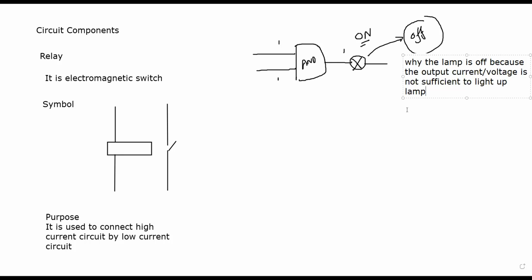So in that case, what we can do is connect a relay here. How can we use a relay? Example, we have this logic gate, the AND gate. Then we connect a relay, an electromagnetic switch.